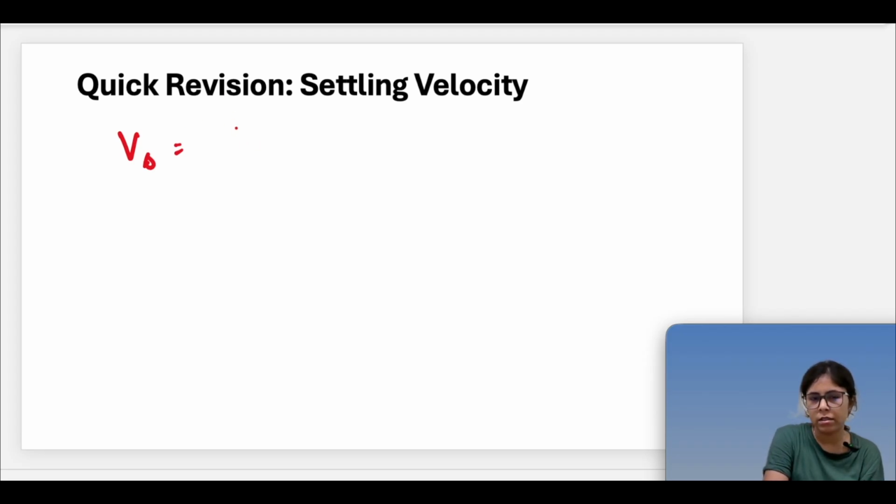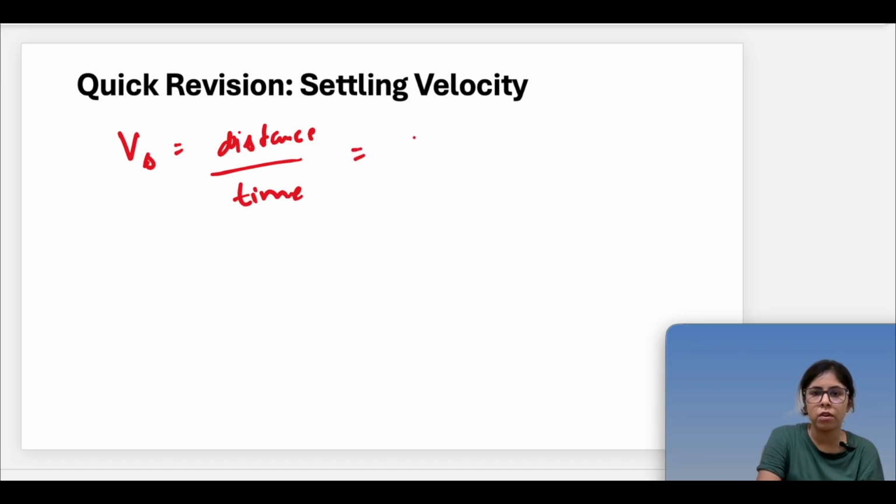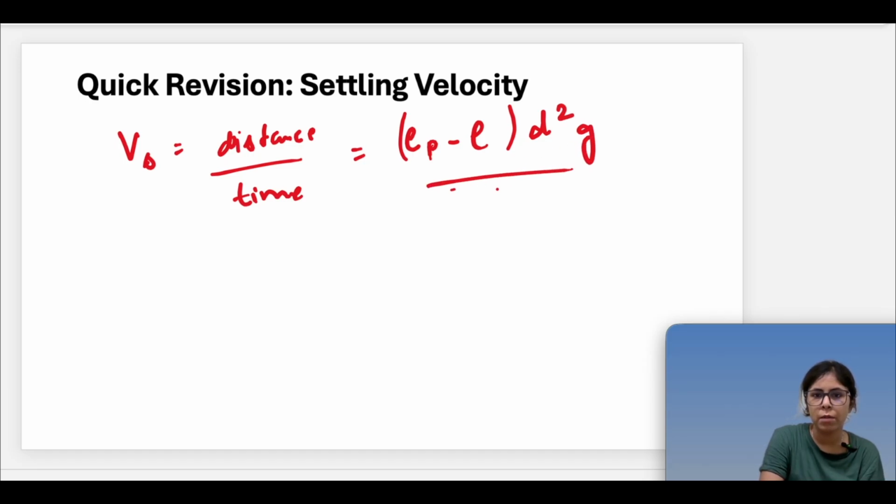In general, velocity is distance per unit time, right? And we saw that the settling velocity was (rho p minus rho) into d square into g upon 18 mu, right? So this is what the settling velocity was.